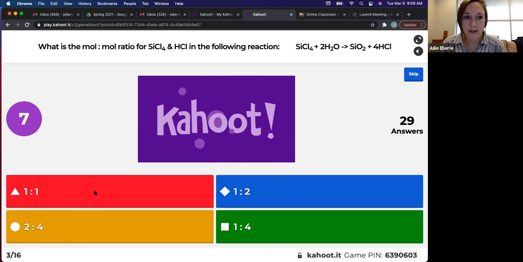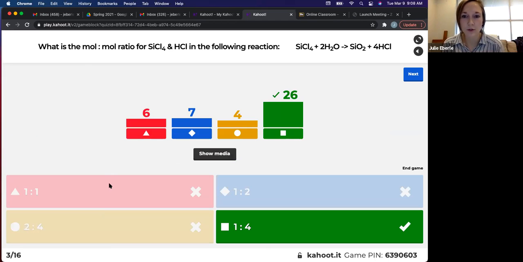Nine, 8, 7, 6. So this one, you're just looking at the coefficients. That one should have been, you should have been able to answer that a little more quickly. 1-to-4, you got a coefficient of 1 right here and a 4 in front of HCl, so it's a 1-to-4. And you can't simplify that because of the 1.